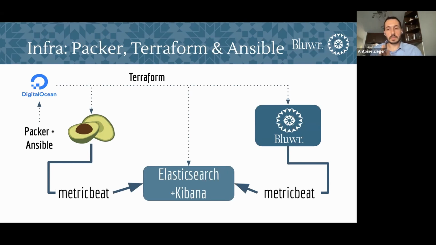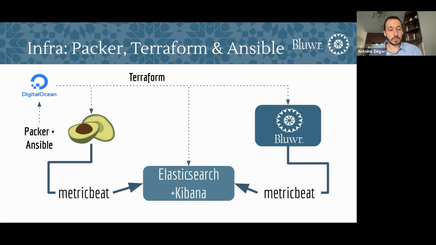In our case, it's only the system module collecting system metrics: RAM usage, CPU usage, network, services, processes running on the machine, you name it. All that is done automatically for us. We say, collect all the system metrics, and it goes right away to Elasticsearch and can be observed using the Kibana web UI.